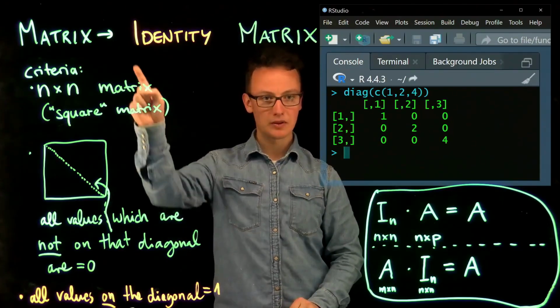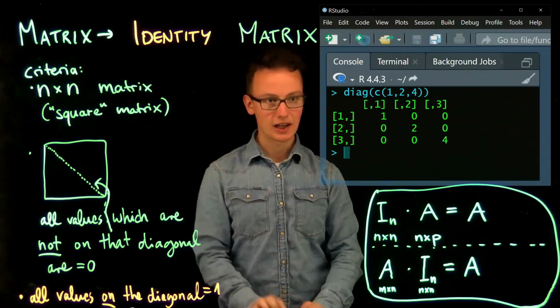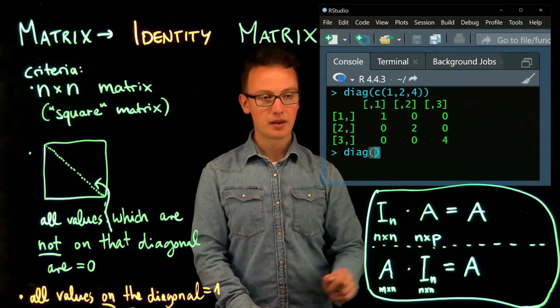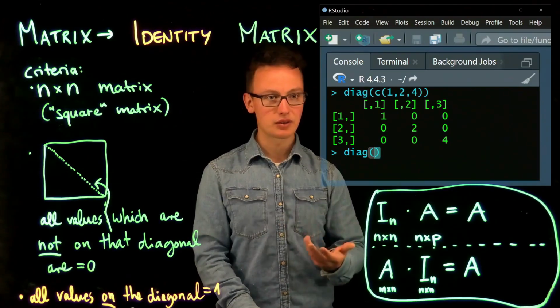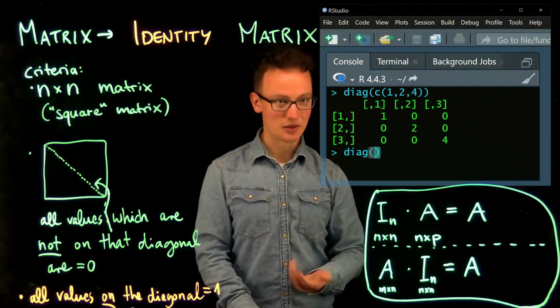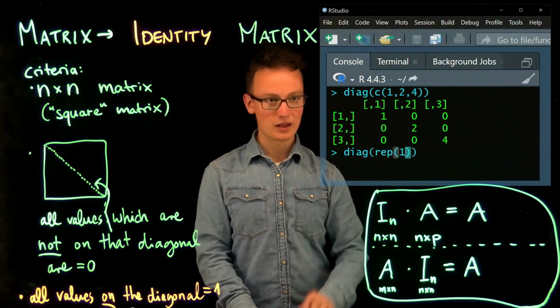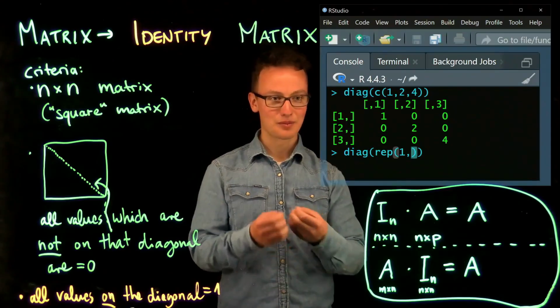But now obviously we want to see identity matrices in particular. So here we will just use the diag command all the same, and we will provide a vector of just ones, okay? And what's an efficient way to generate a vector of just ones for any number of repetitions?